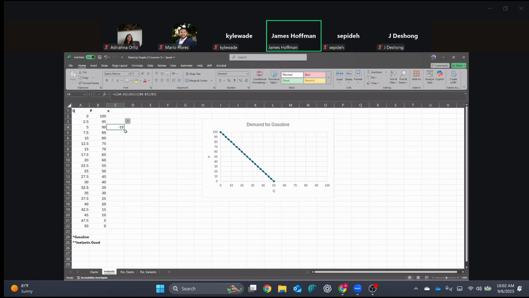So then if I apply this down, what you're gonna see is that the elasticity changes at some point around here. Because once you get to extreme levels, actually, this worked out well, for example. So at $45, we're going from 50 to 45.